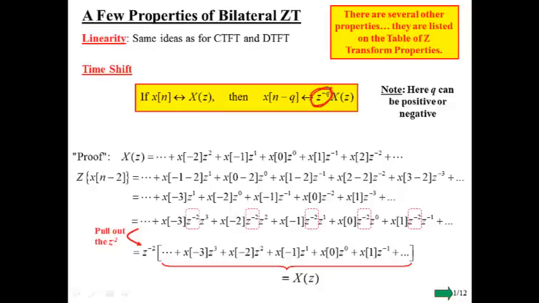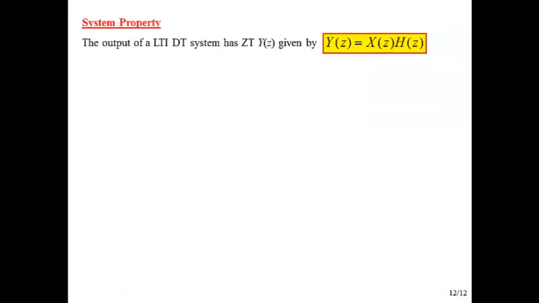I'm getting that all set up and ready to go. And what am I left with? 0, 0, 1, 1, minus 1, 1, minus 2, 2. Hey! All that stuff is just X of z. So I have z to the minus 2 times X of z. I shifted by 2. I have at least verified that result for the case of q equal to 2.